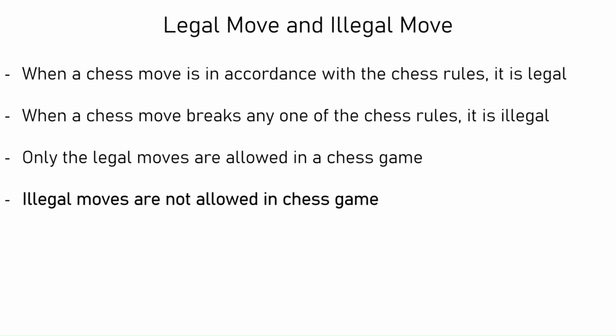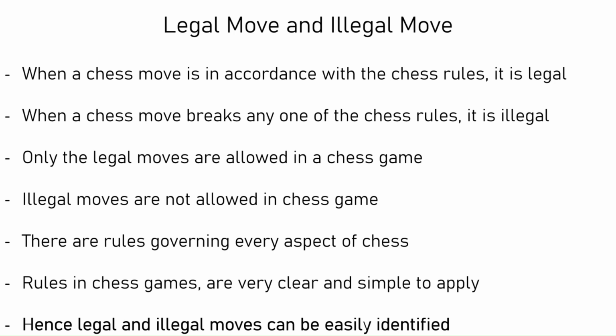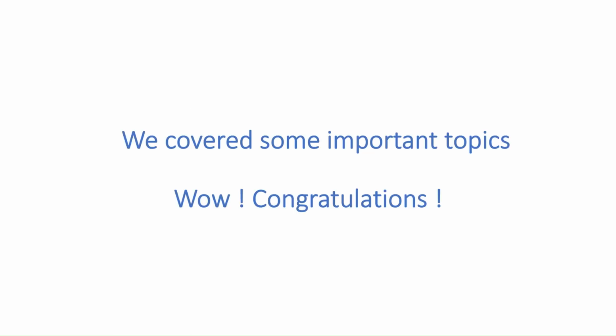In chess, illegal move is seen as cheating and has to be taken back. There are rules governing every aspect of chess game. Rules in chess games are very clear and simple to apply. Hence, legal and illegal moves can be easily identified in chess. Wow!